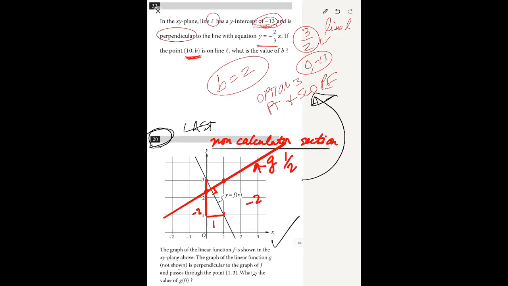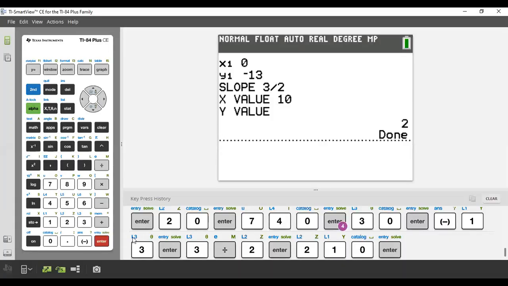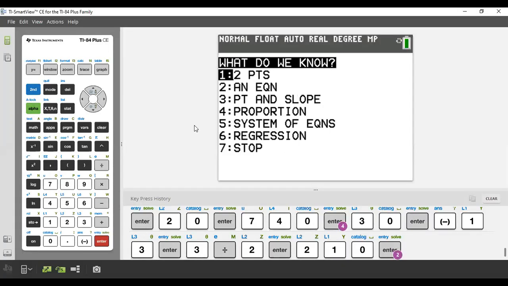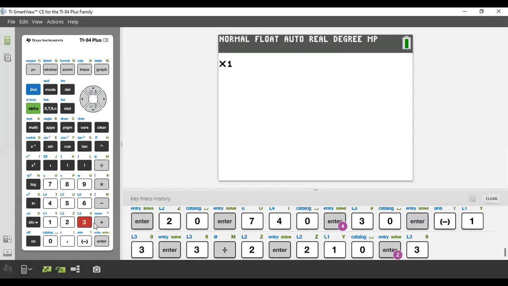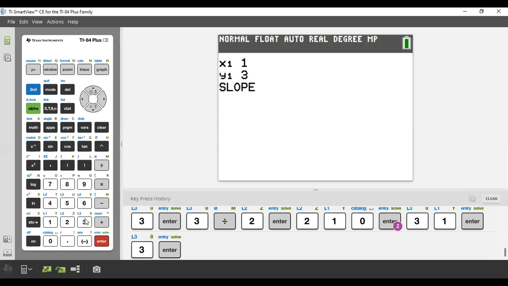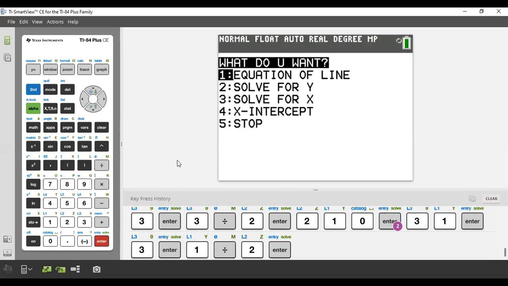Okay, now that we have this point and this slope, we can do the same thing that we just did for the last question. Go to the calculator, press enter, choose option 3. The point that we have is (1, 3). The slope is 1/2. There's a couple ways that we could do this.